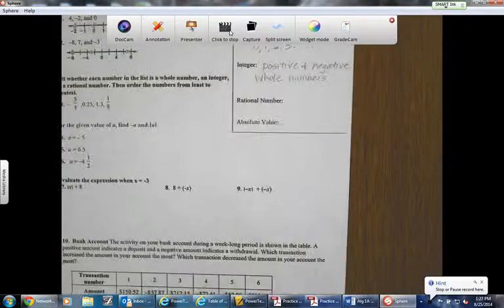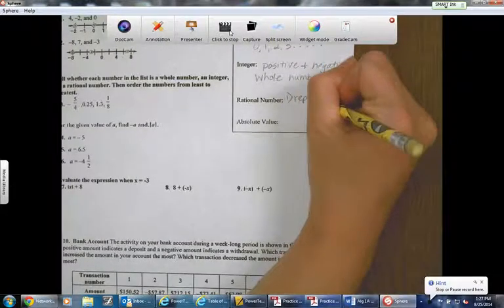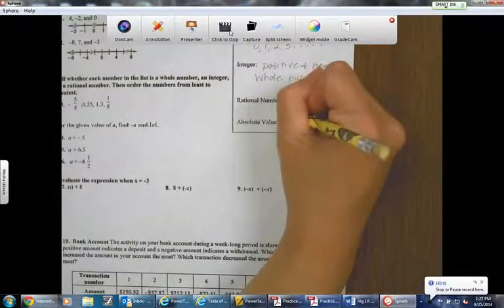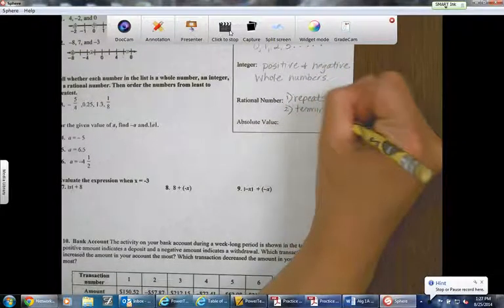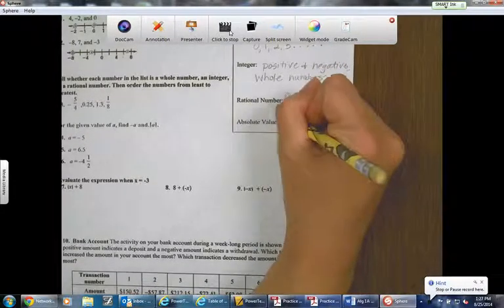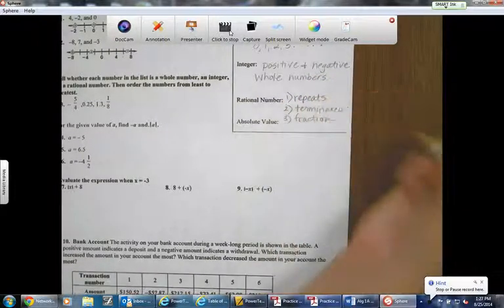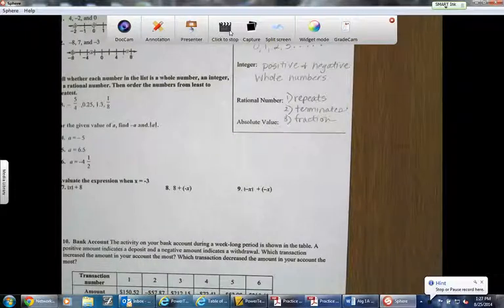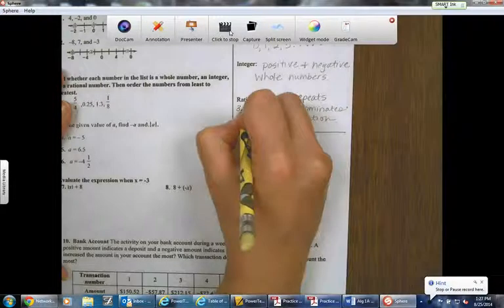Your rational numbers are any decimal that repeats, any decimal that terminates, anything that can be written as a fraction. So when I say repeat, that means, obviously, a decimal like 3.3 repeating.